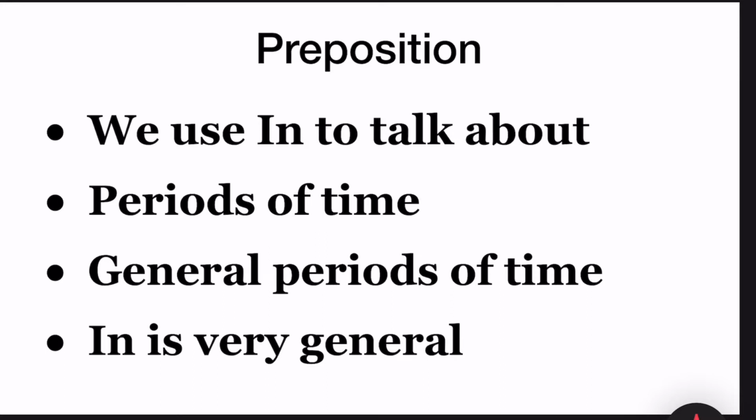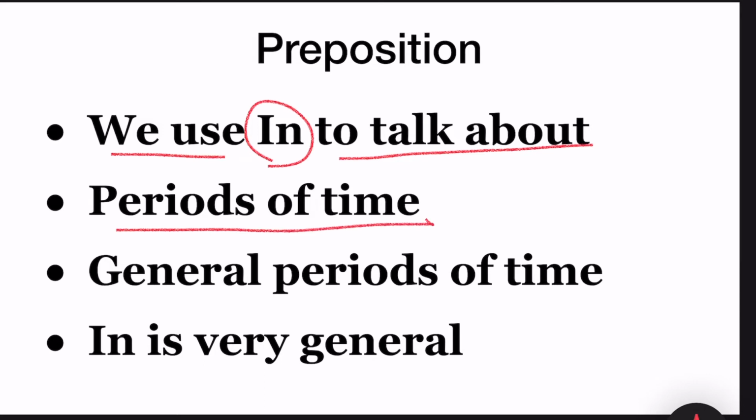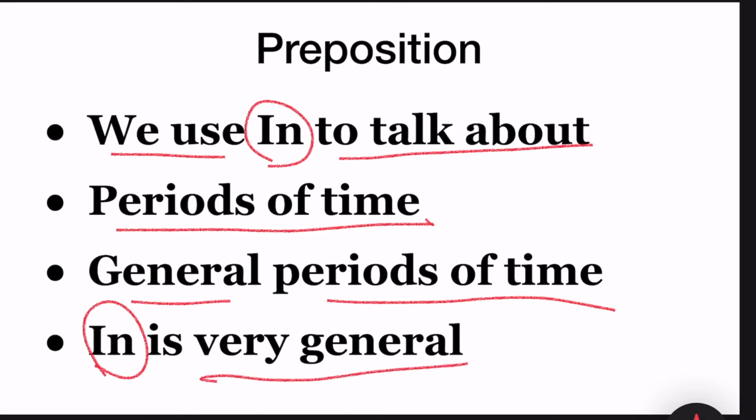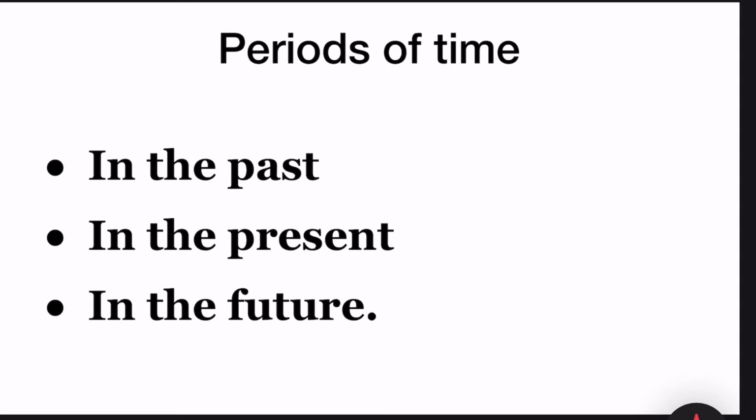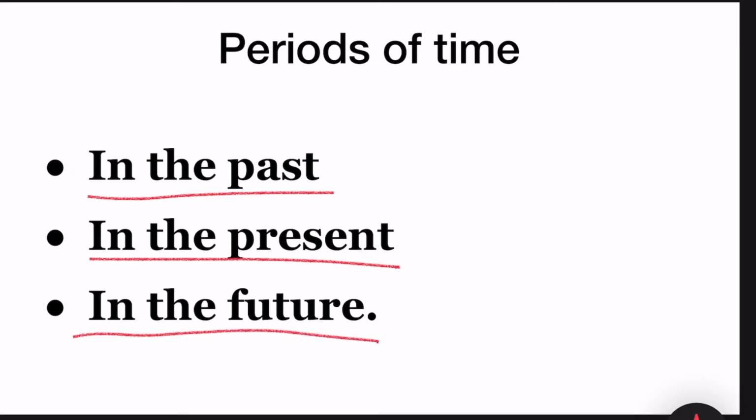Let's take a look at in first. We use in to talk about general periods of time. In is very general. Look at the example: in the past, in the present, in the future.